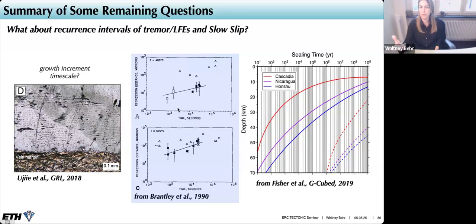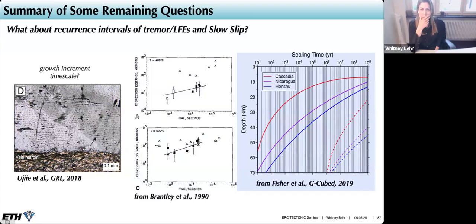This plot is showing vein precipitation of several microns on timescales of only a few hours for this temperature range. So you can grow this quartz and seal the structure really rapidly. And so this would suggest that vein healing could potentially match the timescales of low frequency earthquake recurrence intervals, for example.